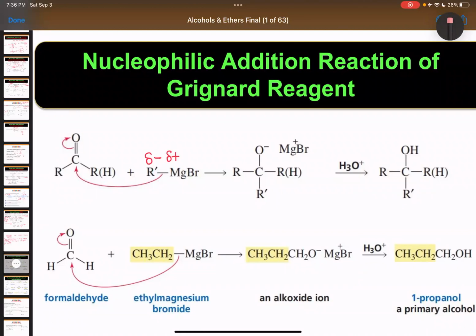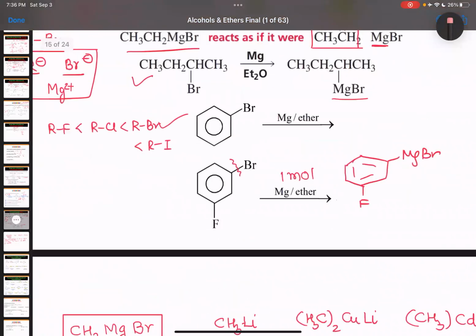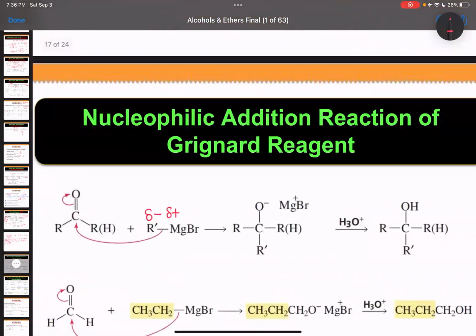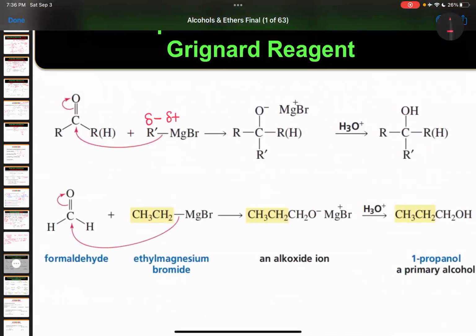I told you, you can solve all the problems of Grignard if you remember this thing. Think of the minus charge on the carbon atom which is directly connected to magnesium. So what will this carbon do? Suppose you have taken an aldehyde or a ketone. There the carbon has the opposite charge.